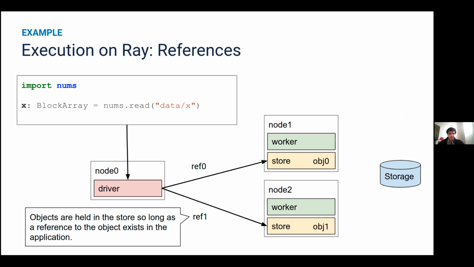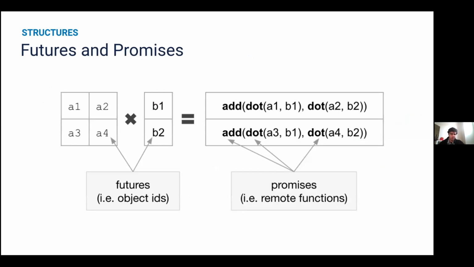That gives you a sense of how data is loaded into the system. Now we'll talk a little bit about how operations are carried out within the system. Really quickly, we have futures that comprise the arrays. Here we have a basic matrix vector operation, and the operation is composed of promises.